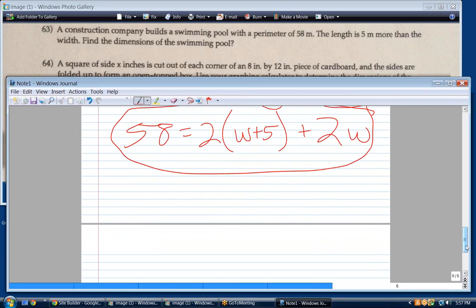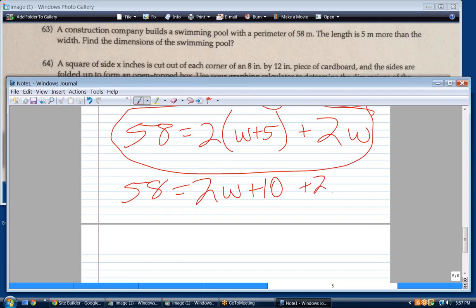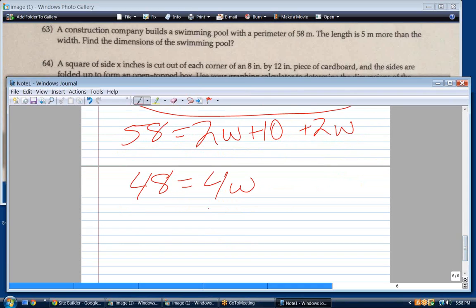Let's solve it. So it's 2W plus 10, and then plus 2W equals 58. Okay. And then, so it's 4W plus 10 equals 58. And then subtract 10. So 4W equals 48. So W equals 12.